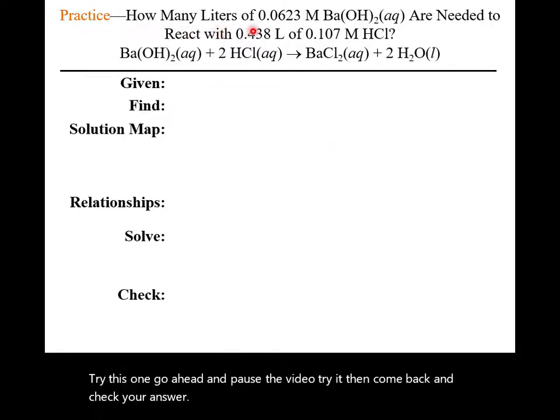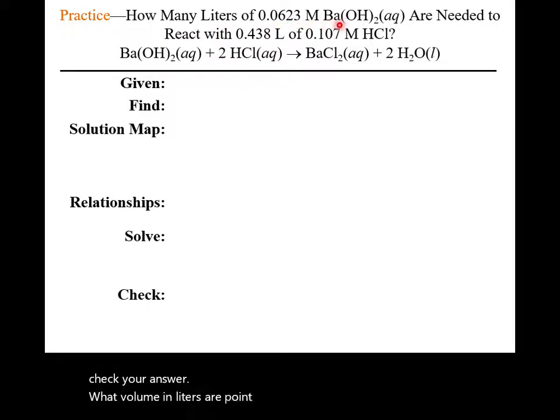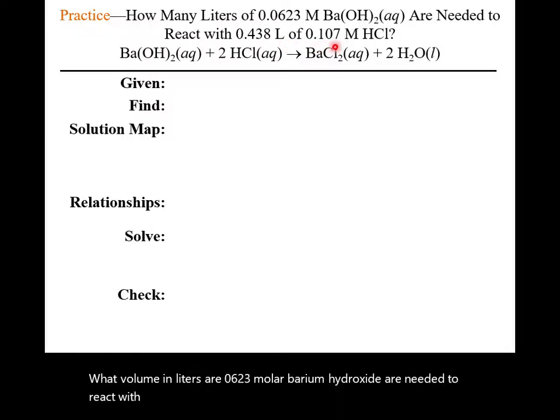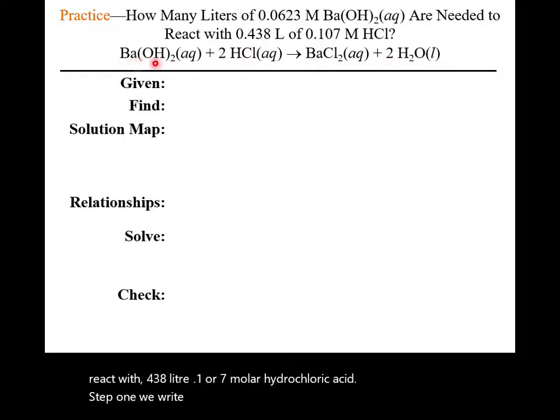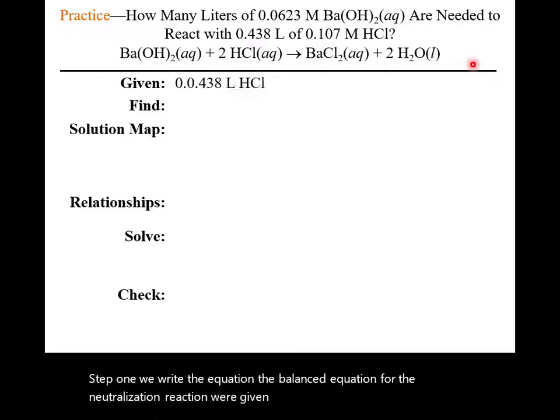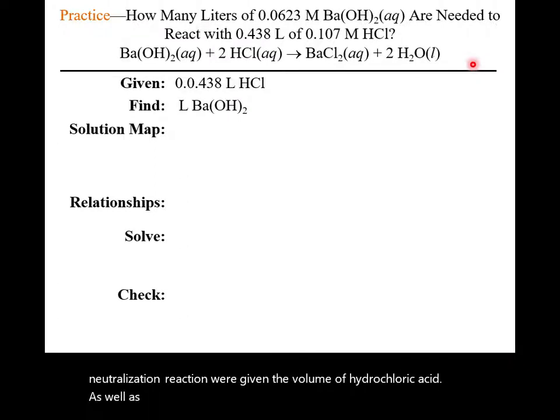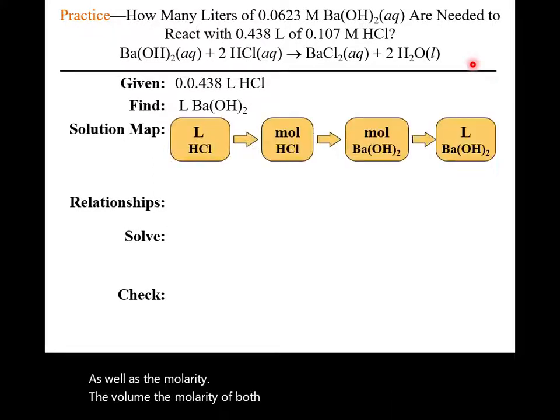What volume in liters of 0.0623 molar barium hydroxide are needed to react with 0.438 liter of 0.107 molar hydrochloric acid? Step 1, we write the balanced equation for the neutralization reaction. We're given the volume and the molarity of both hydrochloric acid and barium hydroxide.